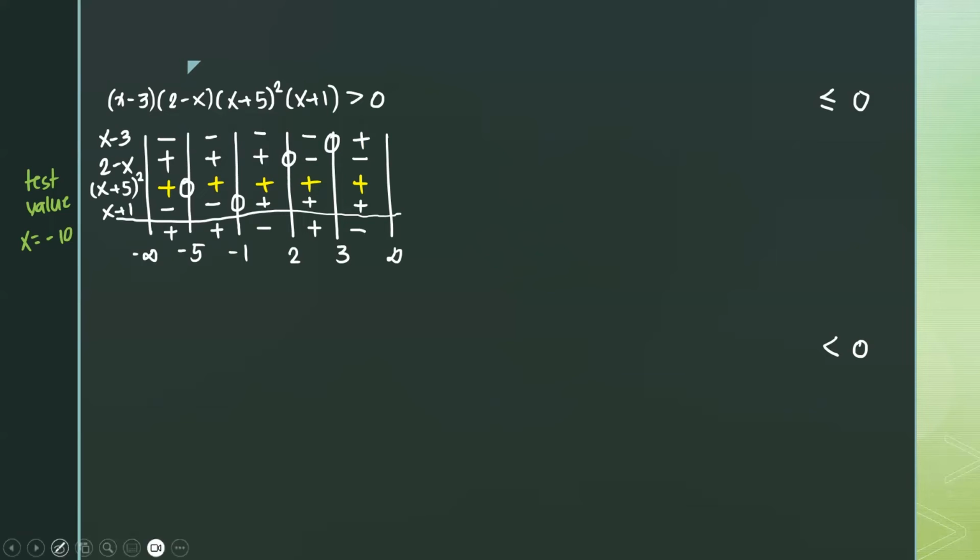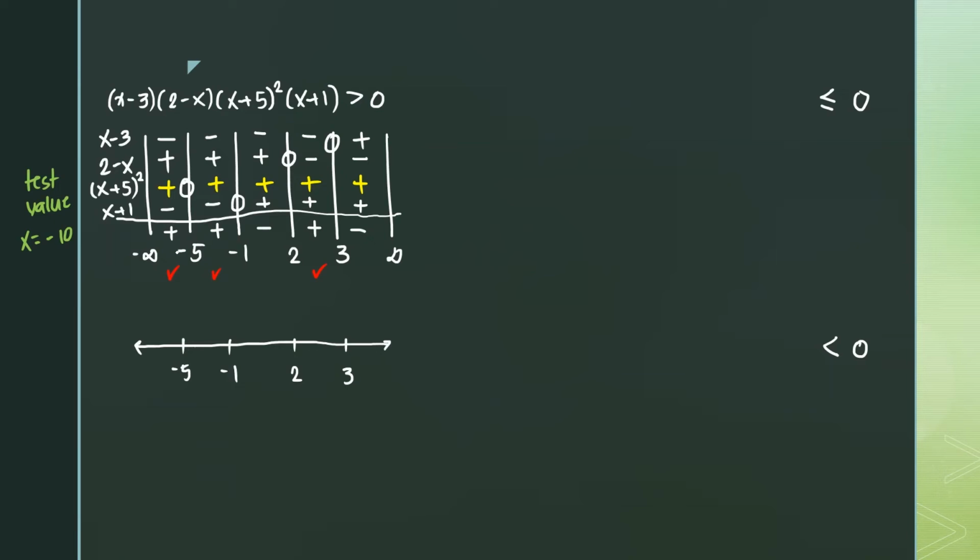Now, in here, it's greater than 0. So which should I check, guys? First two, at saka yung fourth. So for this one, let's try drawing it on a real number line. Negative 5, negative 1, 2, and 3.